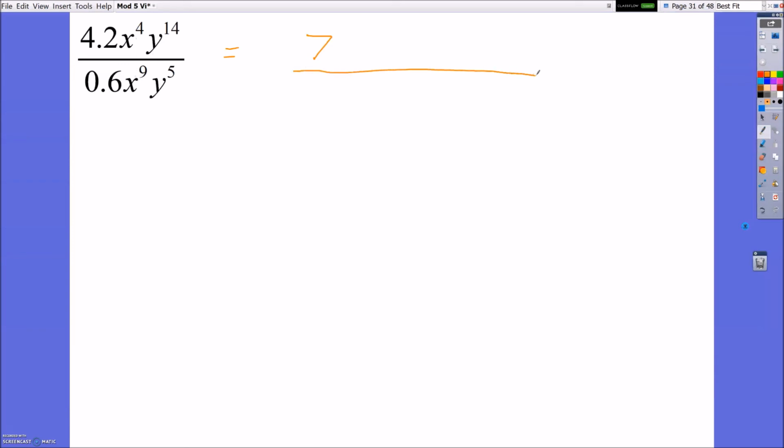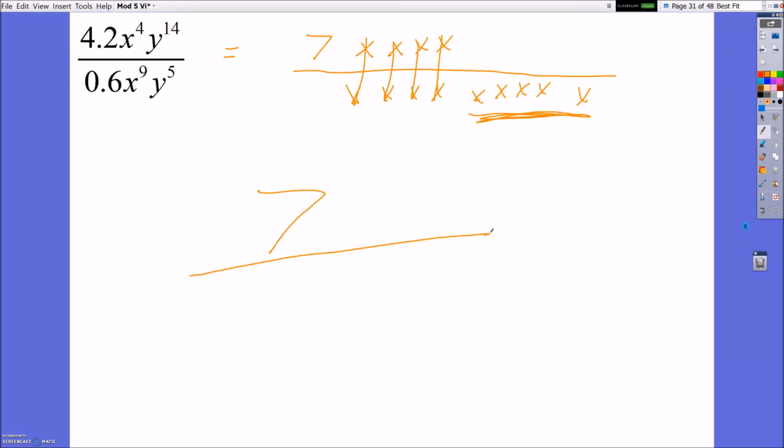If I were to write this out in expanded form, which you don't need to, I just want to give you a visual for this. This is x to the 4th power, x times x times x times x. X to the 9th power, I would have 9 of them. That means these would simplify, and I would have 5 left. So far I have 7 x to the 5th left over.